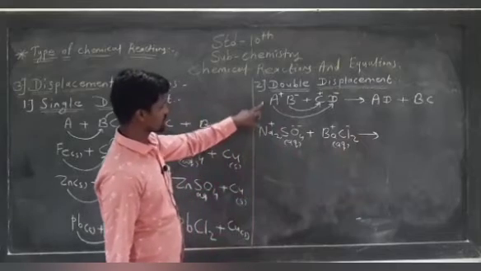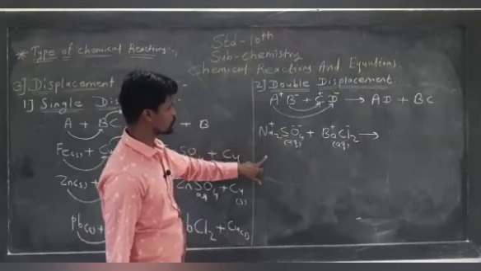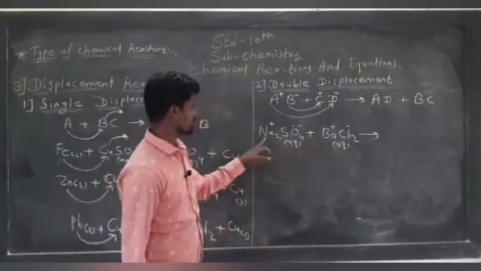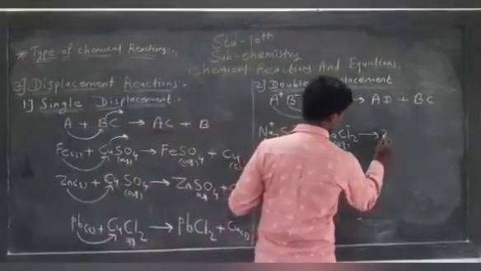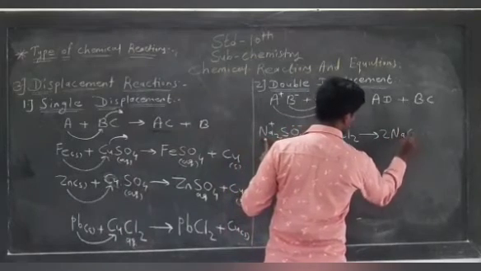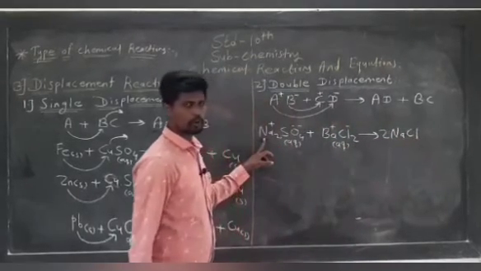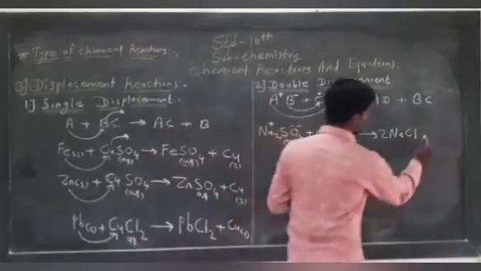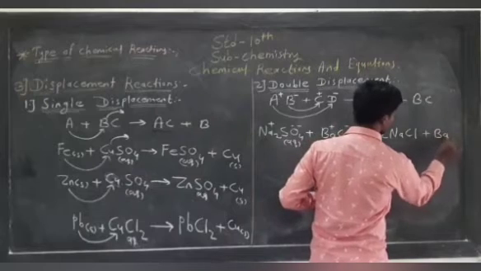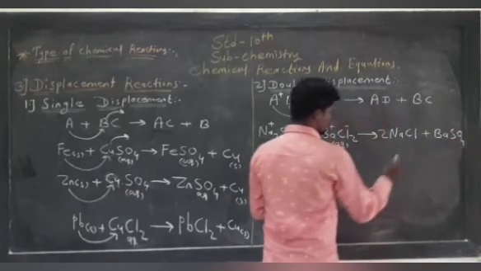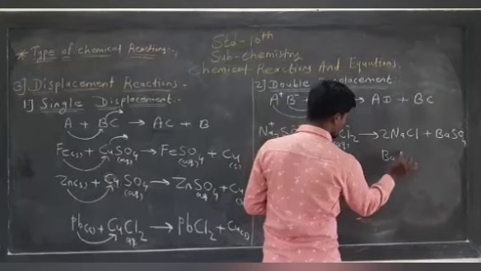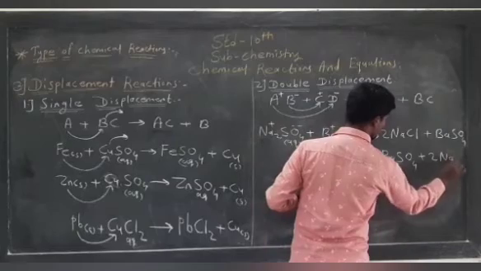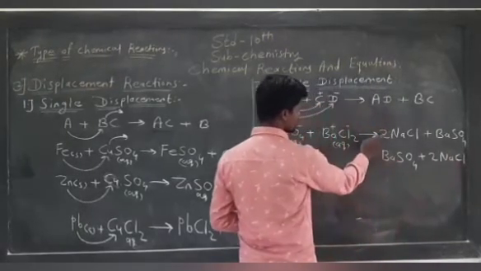According to this equation, positive goes to the negative and negative goes to the positive, and it gives the product 2 molecules of sodium chloride, 2NaCl, with byproduct BaSO4, barium sulfate. That is also written as BaSO4 plus 2NaCl.